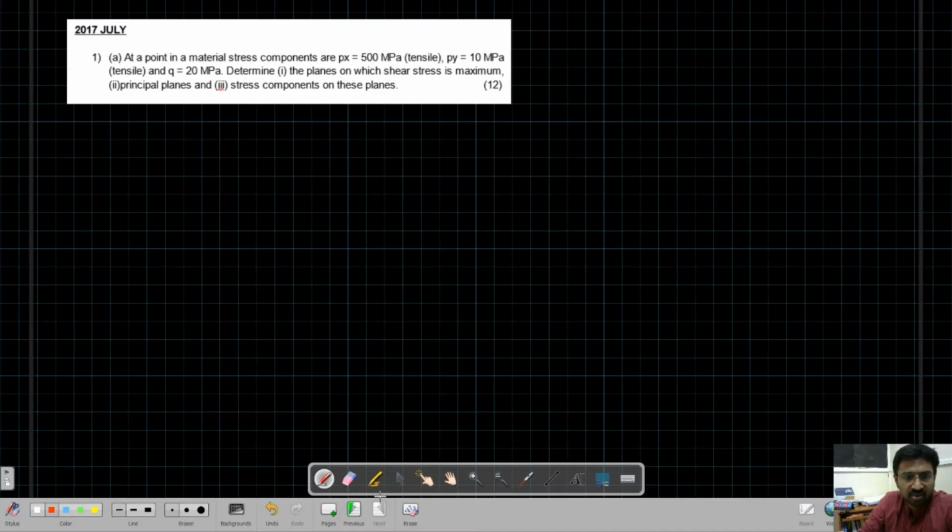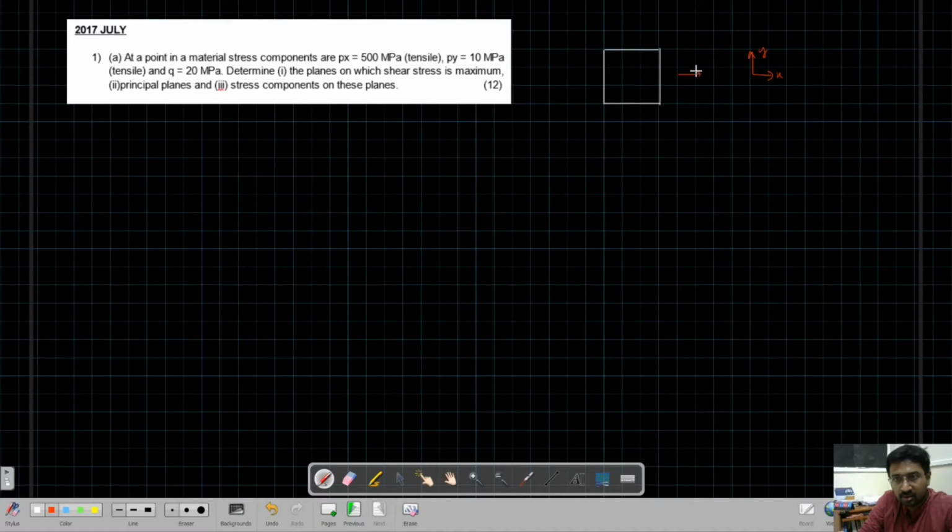So if I draw a stress block, it should look something like this. If I assume this direction as the x direction, this is y.